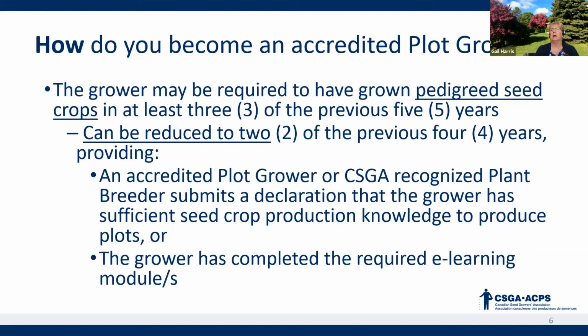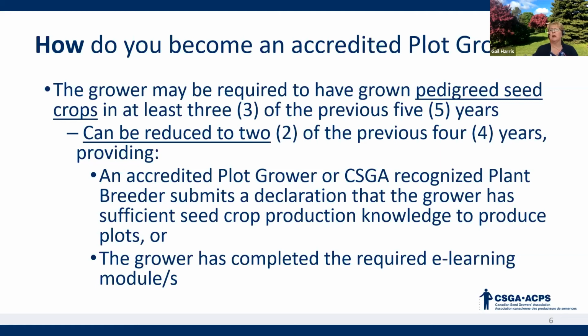in that you can have produced pedigreed seed in 2 of the previous 4 years, providing that another accredited plot grower or a CSGA recognized plant breeder submits a declaration that the grower has sufficient seed crop production knowledge to produce plots.